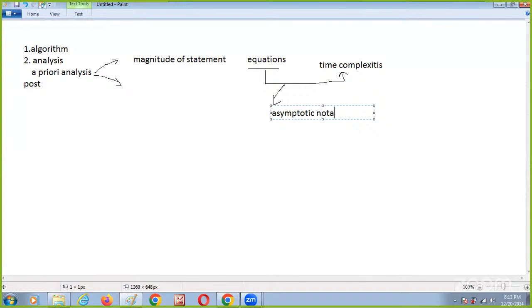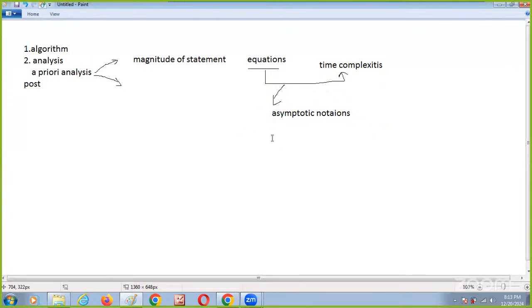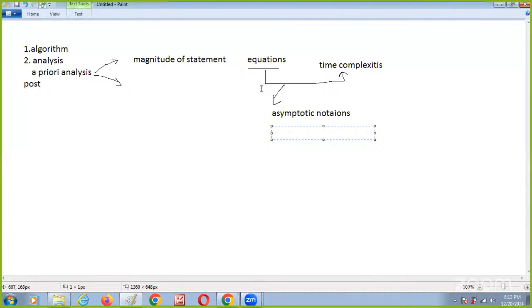Asymptotic notations are involved. With asymptotic notations, if you have some equations or functions, say f of x and g of x, the comparison becomes very easy.